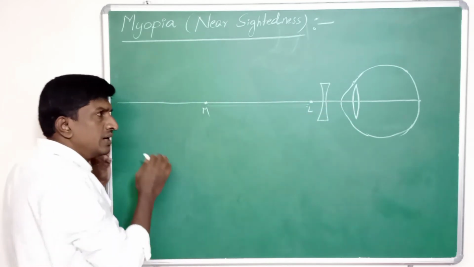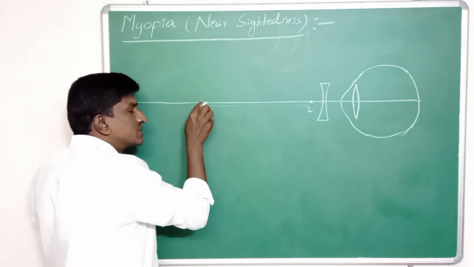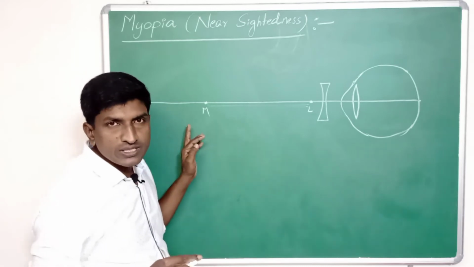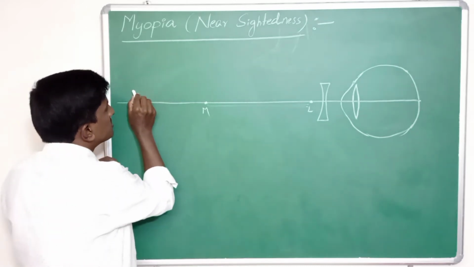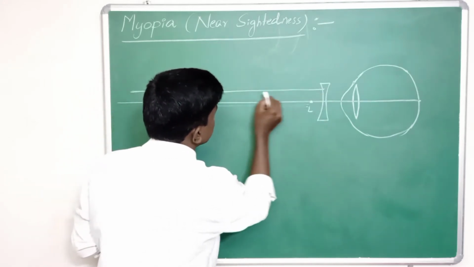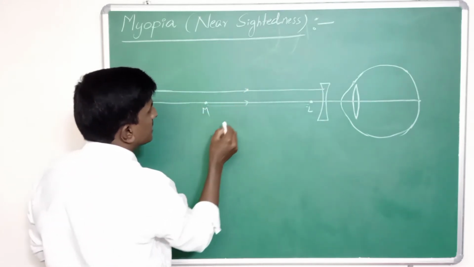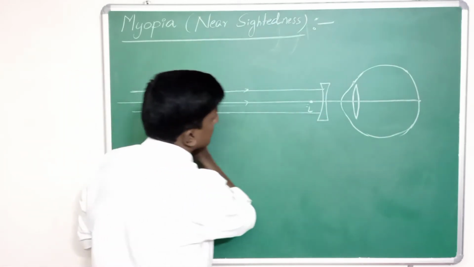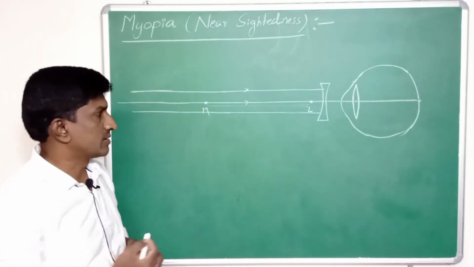So the image of that object, at least, we have to bring onto this far point. Let us say the object is at infinite distance, then the light rays coming from infinite distance are parallel to each other.